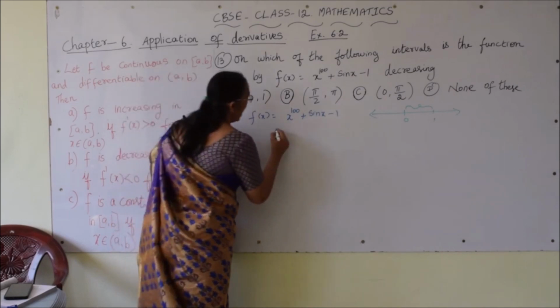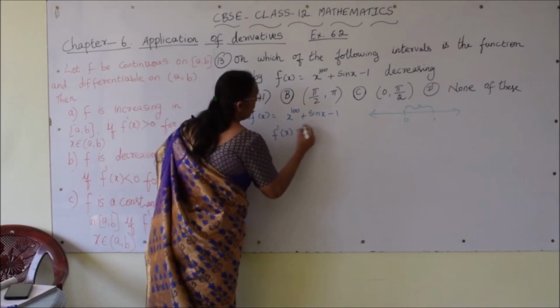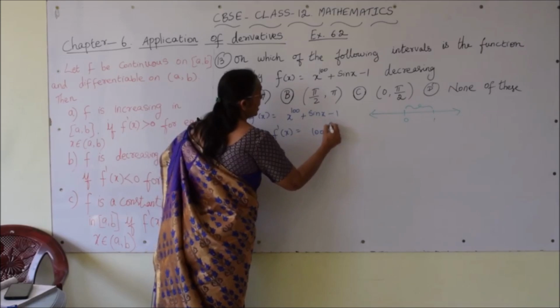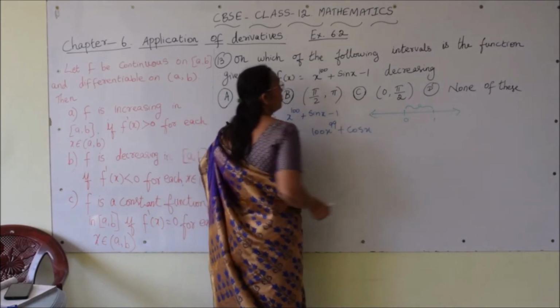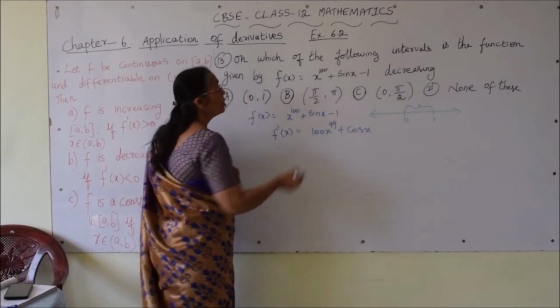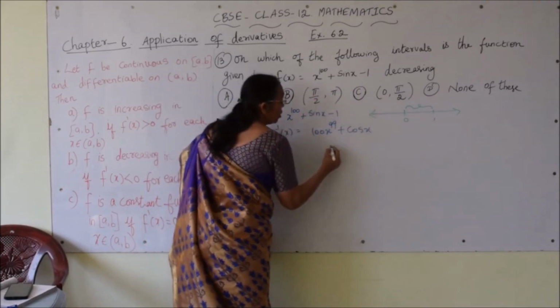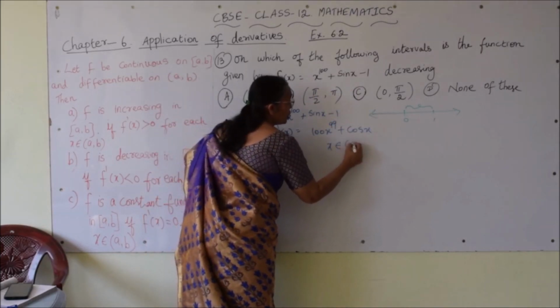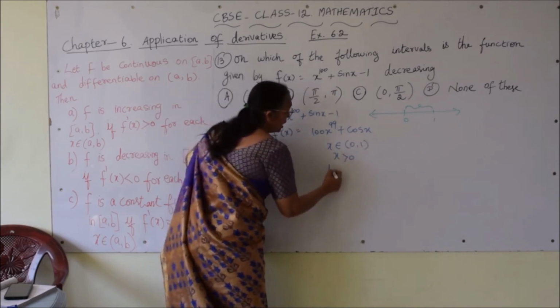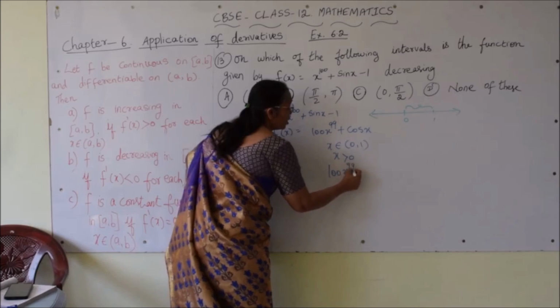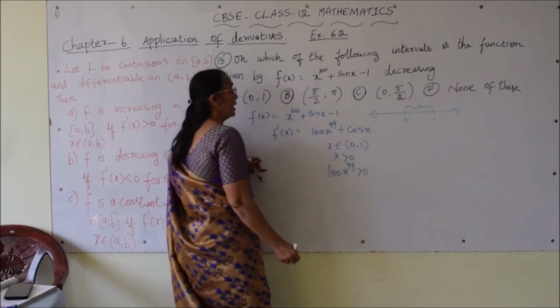Now, f dash of x is 100 x power 99, and the differentiation of sin x is cos x, and the differentiation of minus 1 is 0. Now, in the interval 0 to 1, x belongs to 0 comma 1, x is always greater than 0. So, 100 x power 99 is also always positive, greater than 0.